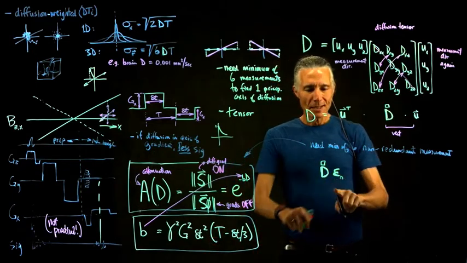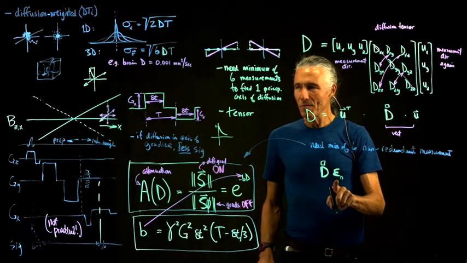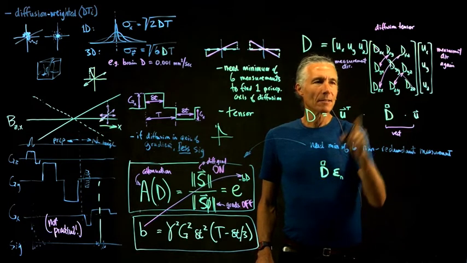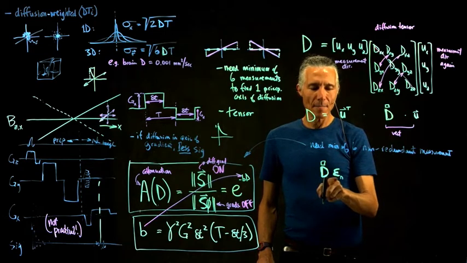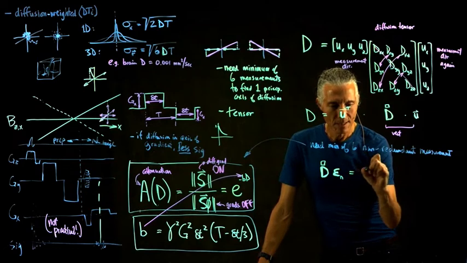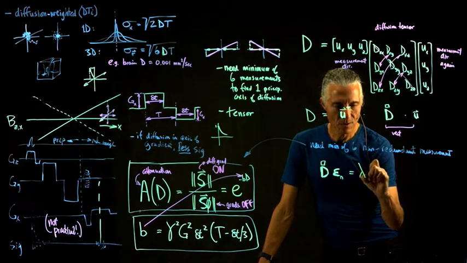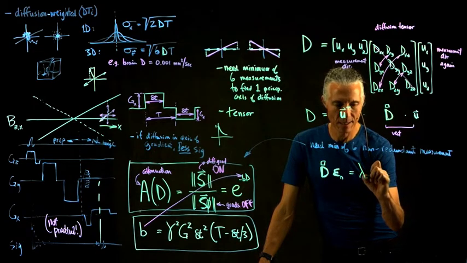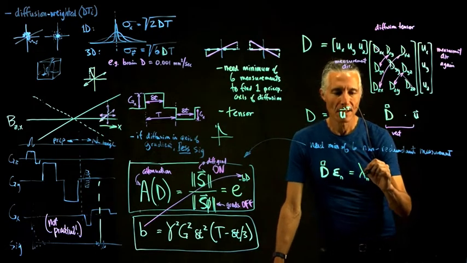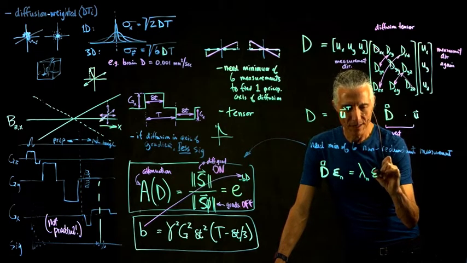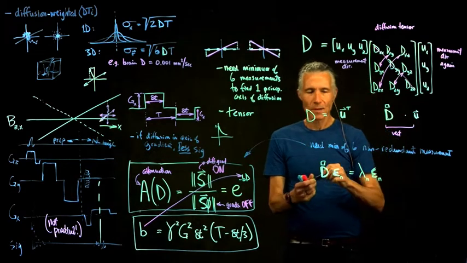What this equation says is, this is some unknown vector, and when we take this diffusion tensor and operate it on that unknown vector, the result is it just causes it to shrink or grow. It doesn't cause it to rotate. And this is a scalar, and then we're multiplying that by the eigenvector again. So this is called the eigenvalue problem. This is the way that you get principal components.